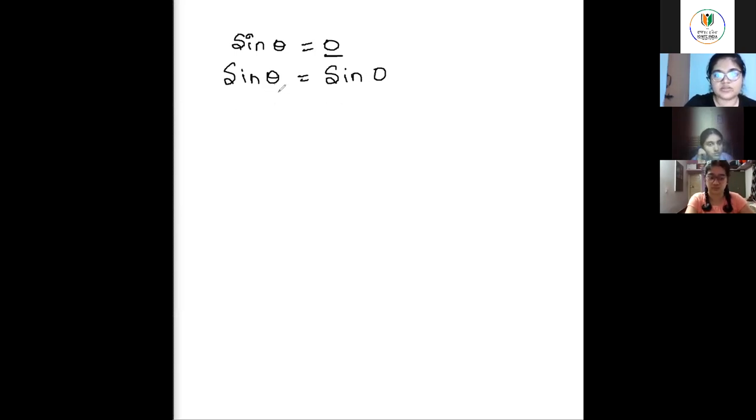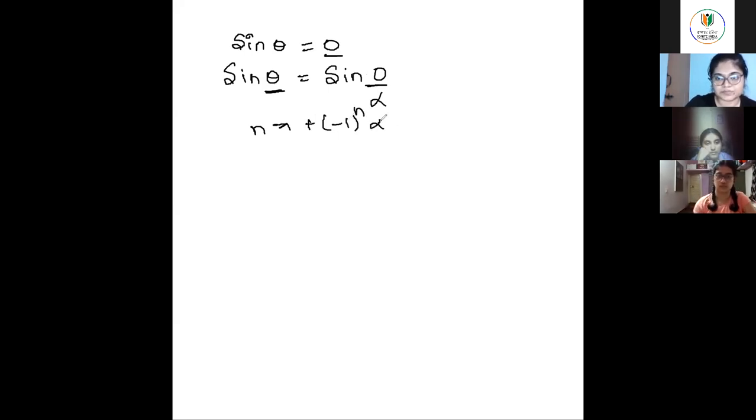Now your theta is this and your alpha is this. How are you going to implement n pi plus (minus 1) to the power n alpha? So alpha is 0. Let's put alpha equal to 0. This whole term becomes 0. So what do you have in hand? Just n pi.